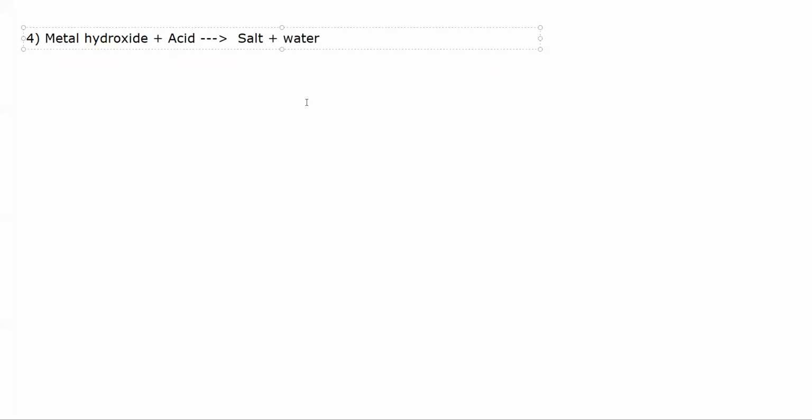If a metal hydroxide is soluble in water, you can also say alkali. So acid plus alkali also gives salt and water. Acid plus metal hydroxide gives salt and water. And this reaction is known as neutralization.